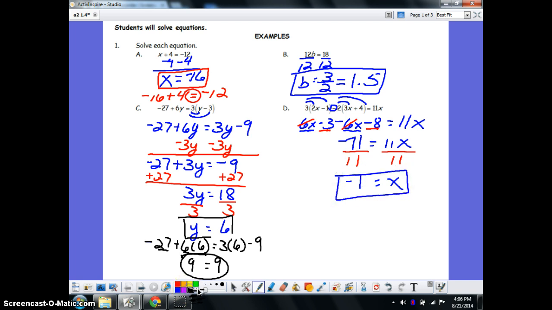And again, we can check that by substituting negative 1 in for each of the x's in the original equation.